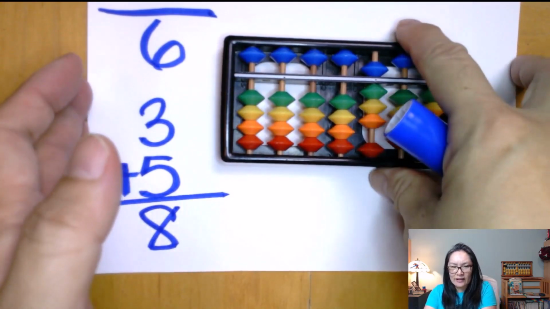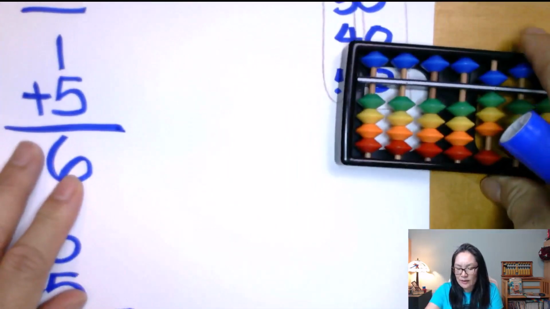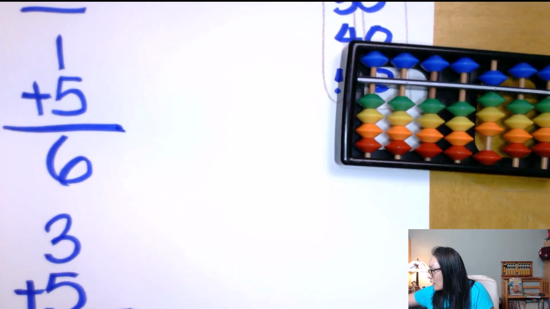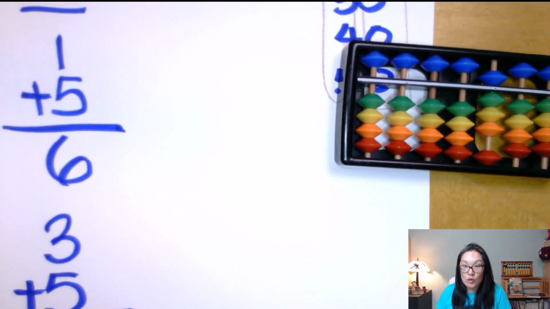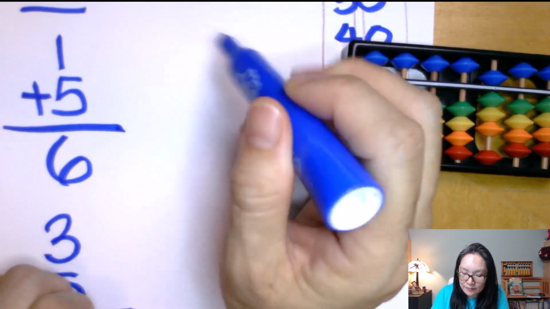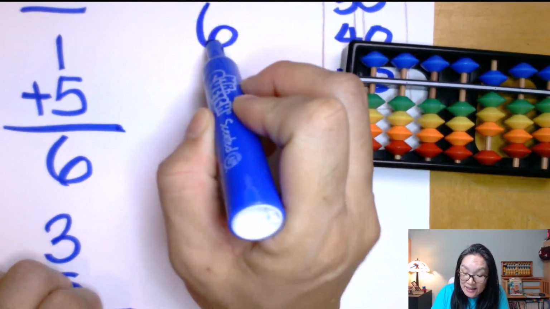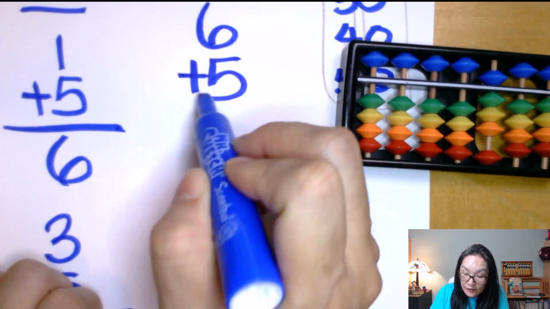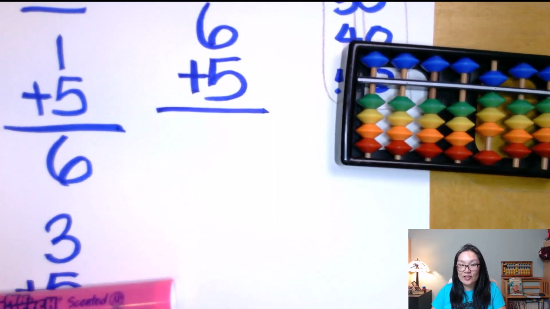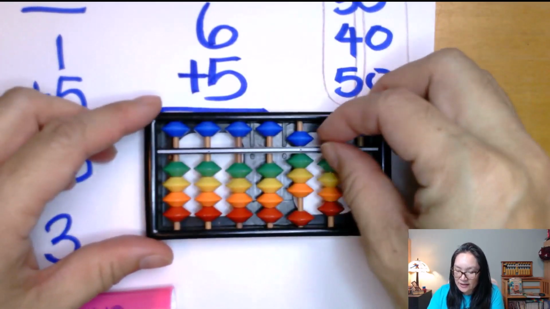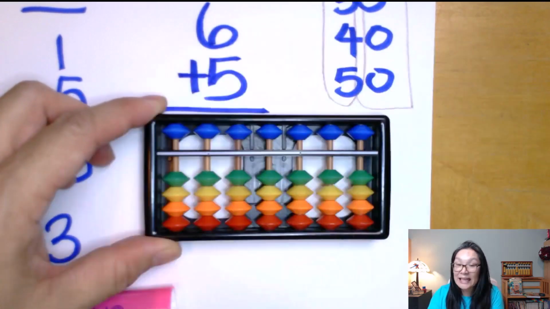All right. Let's do this. Ooh, I got it. We'll do 6 plus 5. Okay, let's try that. Sorry, gotta clear your abacus.